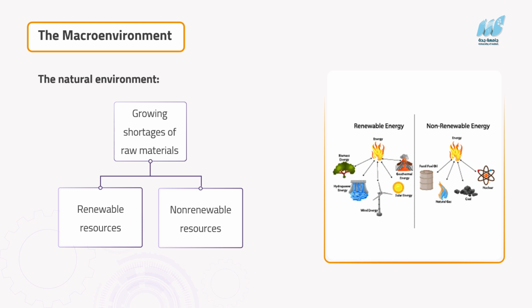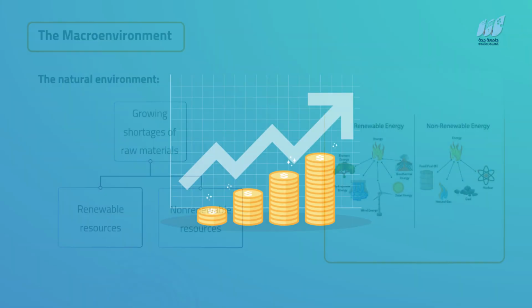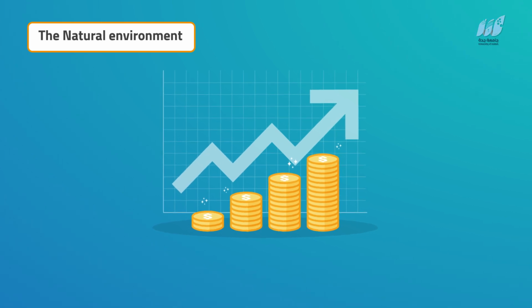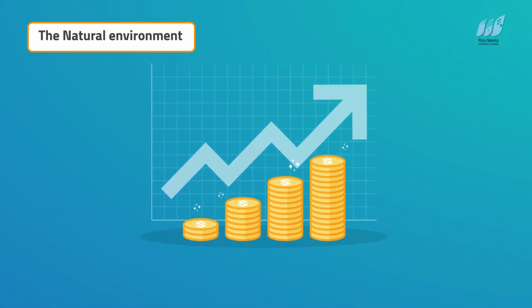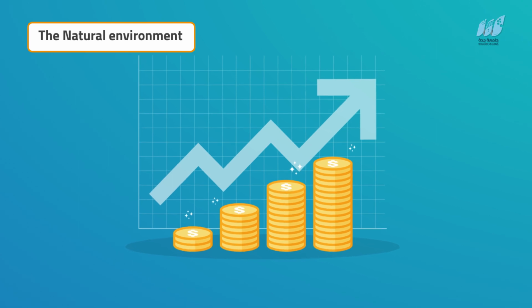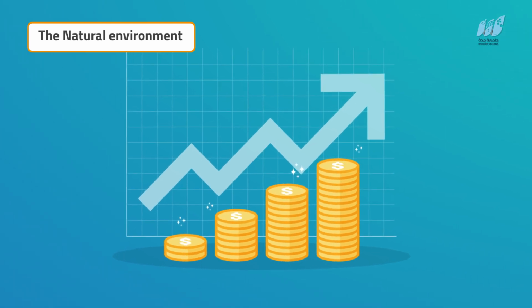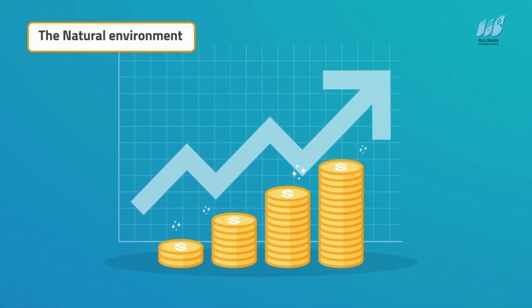Non-renewable resources, such as oil, coal, and various minerals, pose a serious problem. Firms that make products requiring these scarce resources face large cost increases even if the materials remain available.